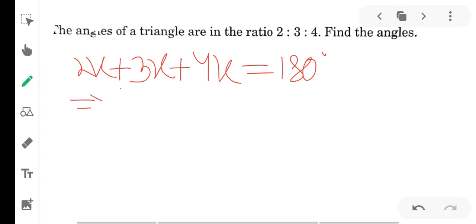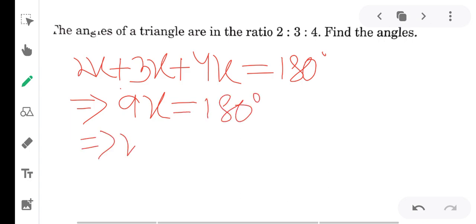So 2x plus 3x plus 4x equal to 180. So 2x plus 3x is 5x, 5x plus 4x is 9x. So 9x equal to 180 degrees. Then x will be 180 by 9, that means 20 degrees.